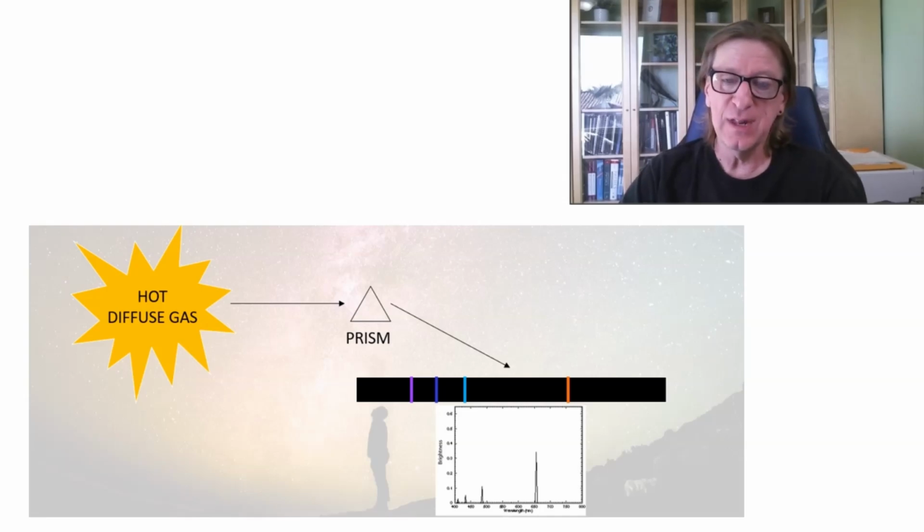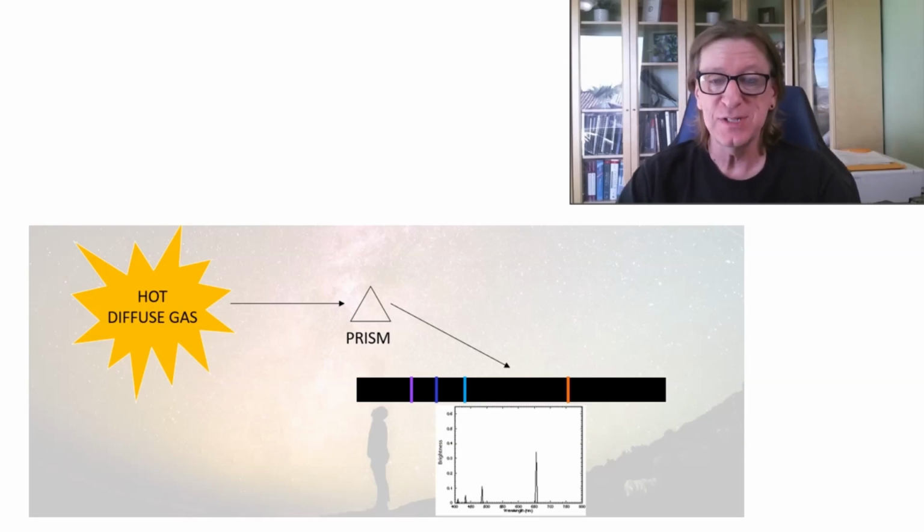Now, notice here that I've got a black background with colored lines. That's just because instead of taking a rainbow, taking white light and shining it through the material, which I could do, I could shine that through hydrogen, then I would see this rainbow with the black lines. Instead, what we do is we heat that gas up. And if you've ever seen a neon light, this is what you're doing. You're running a bazillion volts of electricity through it.